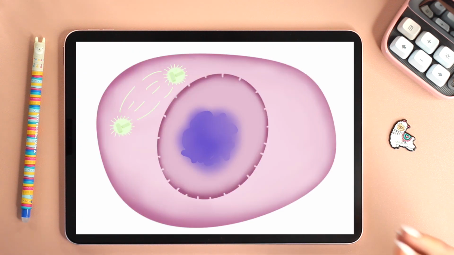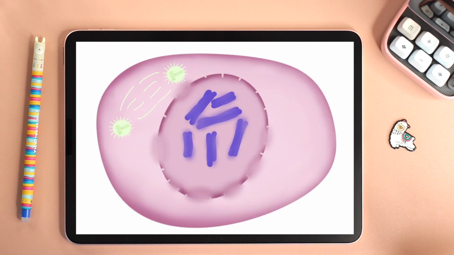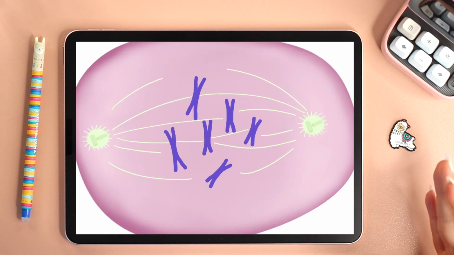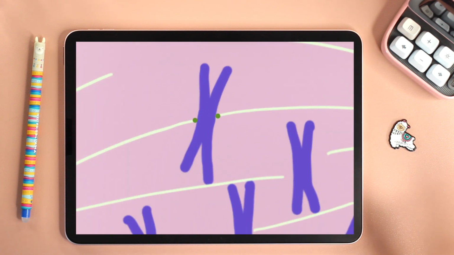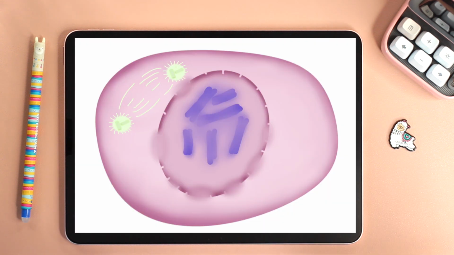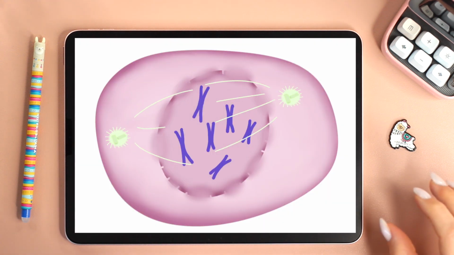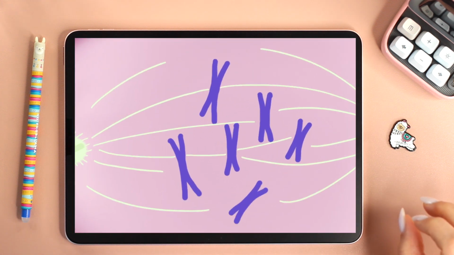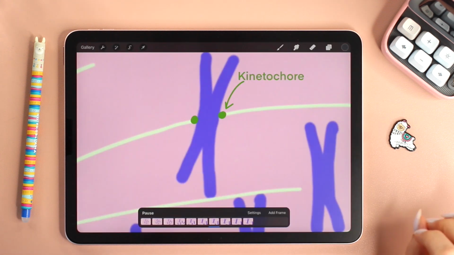And remember how chromatin already condensed into chromosomes, but here they become even more condensed and they get attached to the spindle fibers, to the microtubules through the kinetochores. The kinetochores are protein structures at the centromeres.